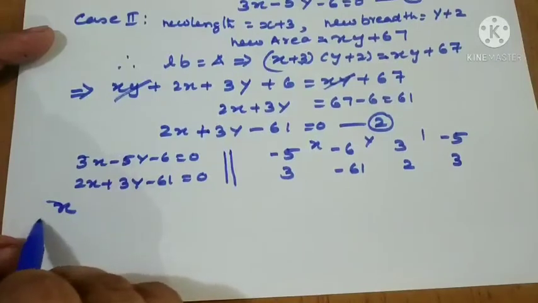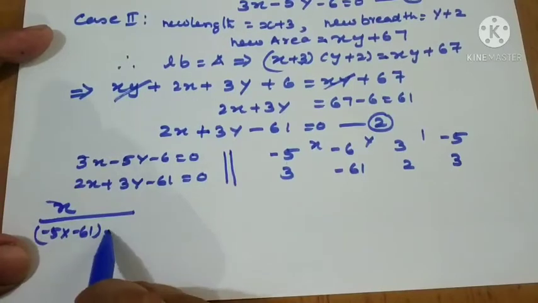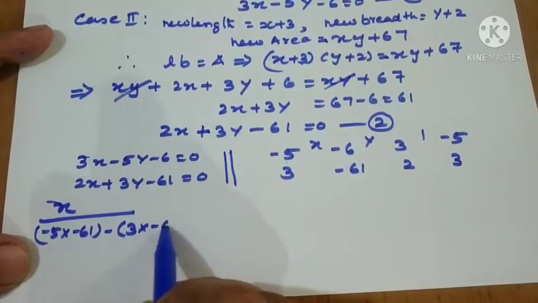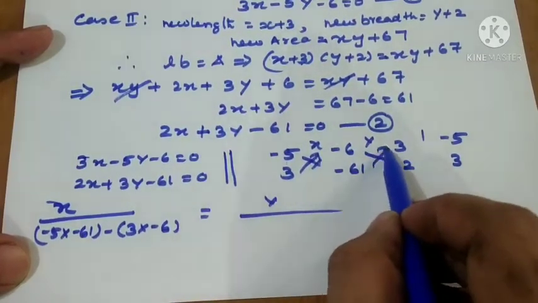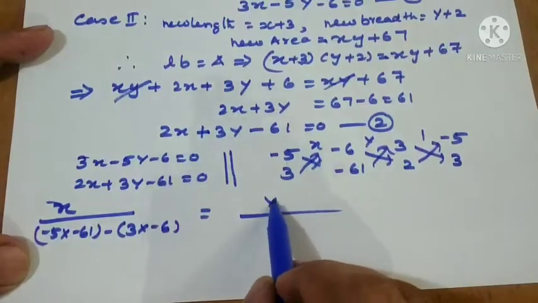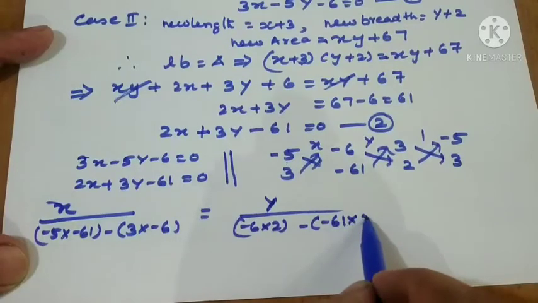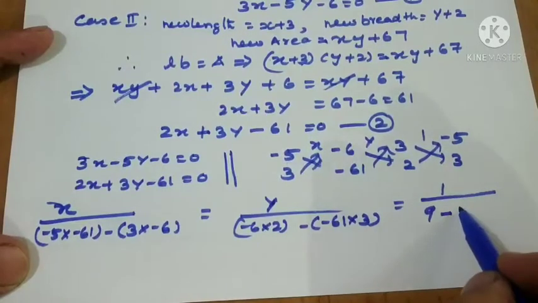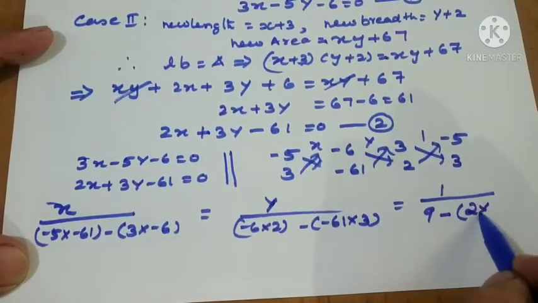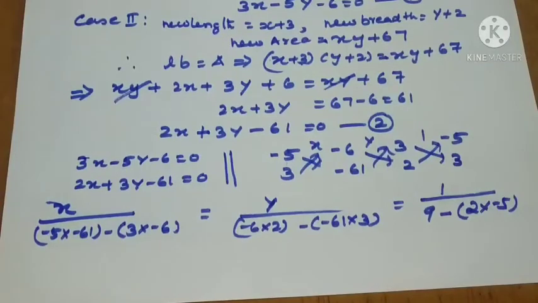So x divided by minus 5 into minus 61 minus 3 into minus 6, y divided by, again cross multiplication sign you must put, I forgot here, y divided by minus 6 into 2 minus 61 into 3, 1 divided by 9 minus 3 into 3, 9 minus 2 into minus 5. I did directly here. I think you can do now directly. If no confusion is there for your multiplication, you can do very fast.